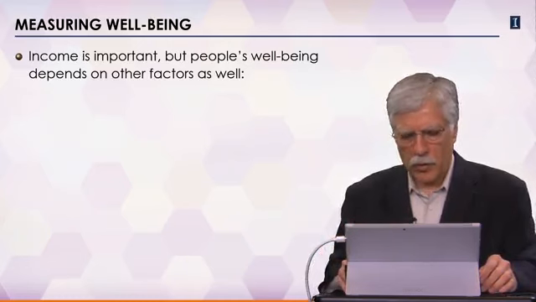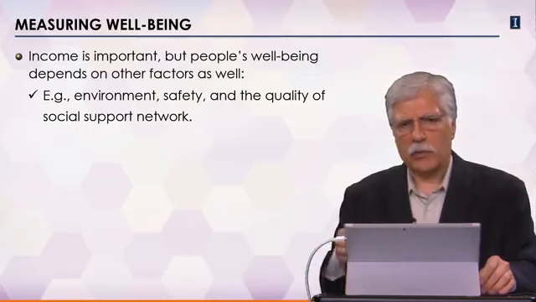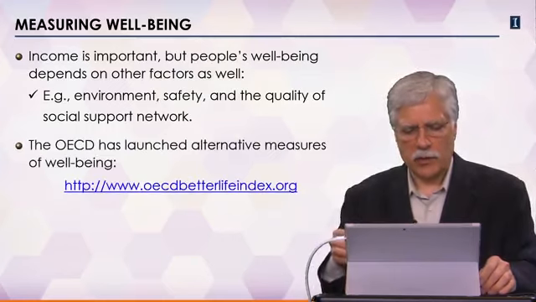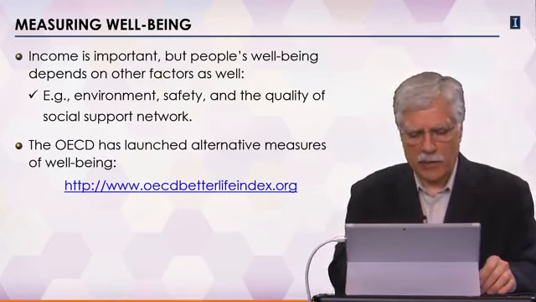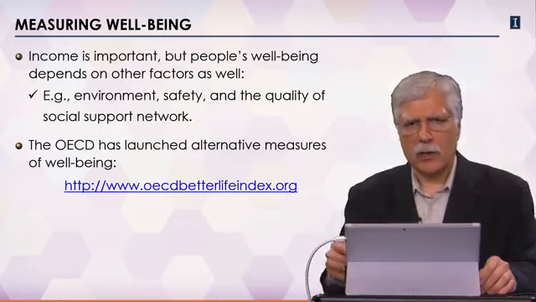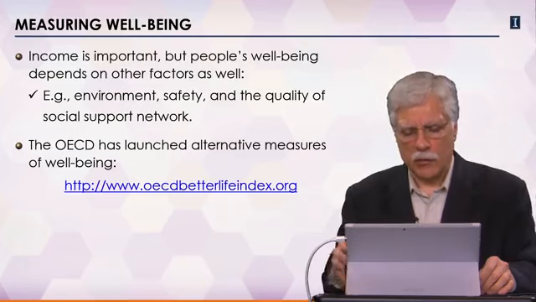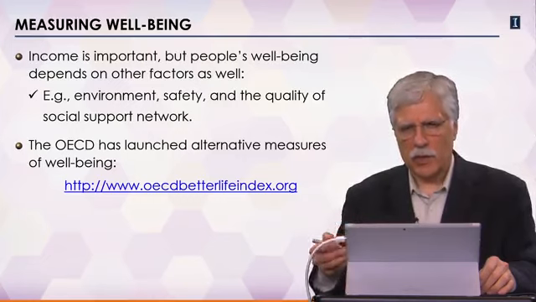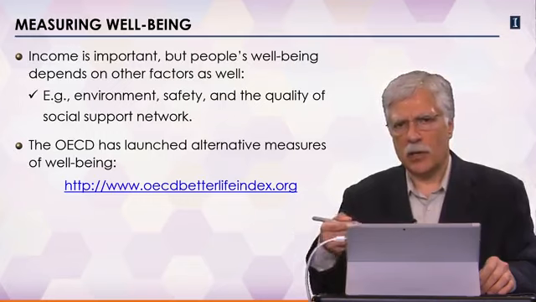If you would like to know more about the value people attach to the environment, safety, quality of social support, etc., you can check the measure of well-being calculated by OECD, Organization for Economic Cooperation and Development, for rich countries and a number of middle-income countries. It gives you a picture of what's happening in terms of well-being more generally and beyond income.